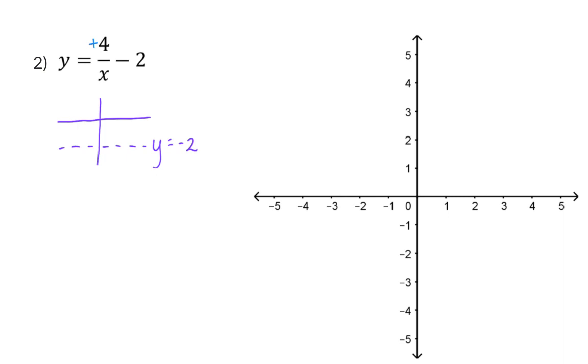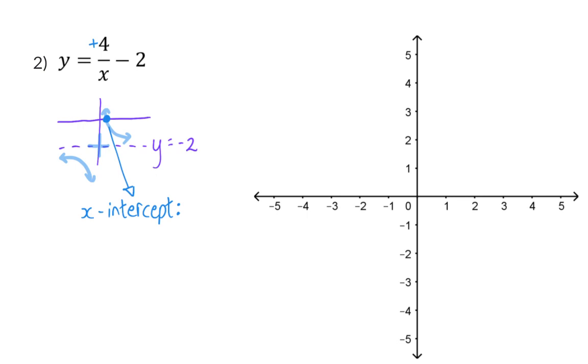And then they will also move 2 units down. So in this case, it helps if you consider the cross of the 2 asymptotes to be your new system of axes, because then you will still ensure that this hyperbola lies in the first and third quadrant without intersecting these 2 asymptotes. Now we can see that this graph does have an x-intercept, and this will be the first coordinate that we have to determine.